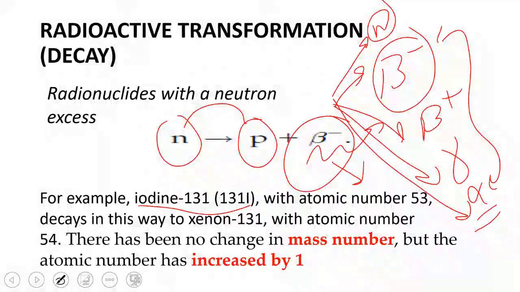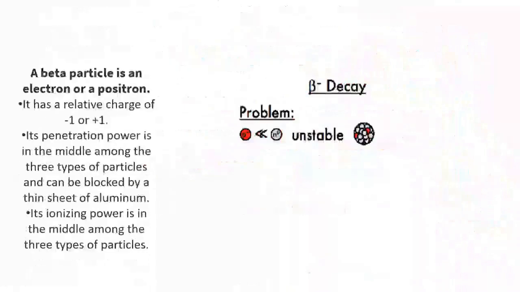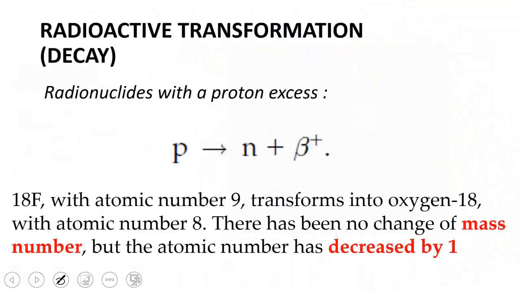In beta minus decay, when there is an excess number of neutrons, one neutron transforms into a proton. So what happens to the atomic number? Your atomic number increases by 1. It increases by 1 because if I have, for example, material X, let's come here.